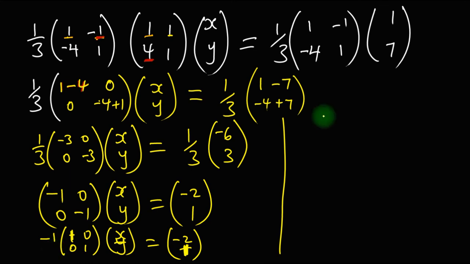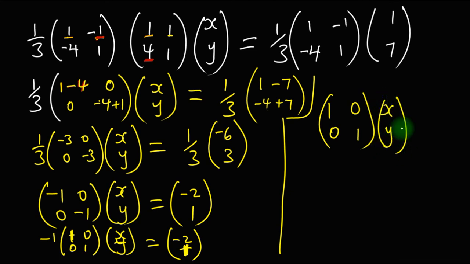So from here we divide through by -1, so we shall have 1 0 0 1 multiplied by xy. We get -2 divided by -1, that will be 2, and 1 divided by -1, that is -1.